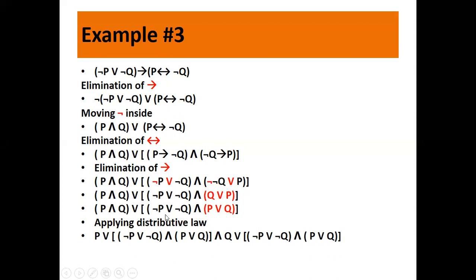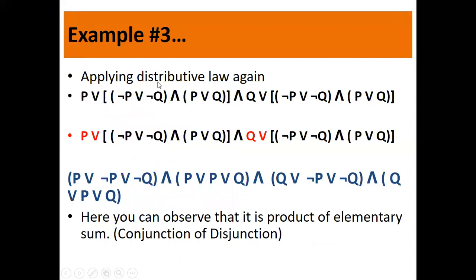P or this whole clause and Q, and Q or again the same thing, negation of P or negation of Q and P or Q. Is it fine? We applied the distributive law. Now again I think we need to reapply the distributive law to get it in the form we need.